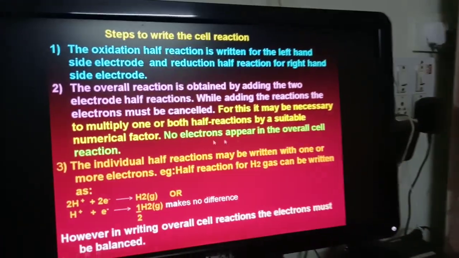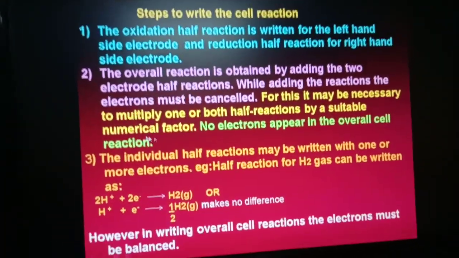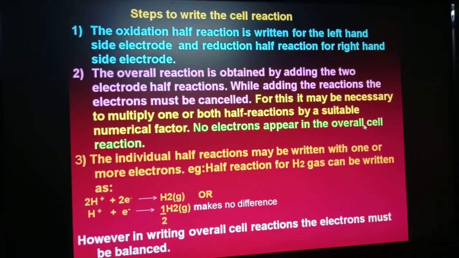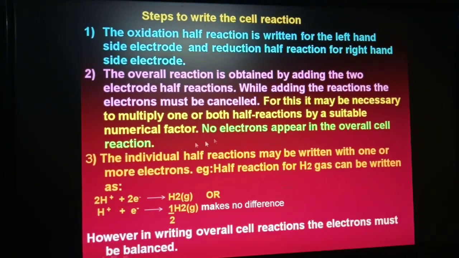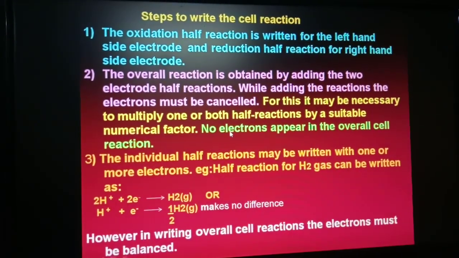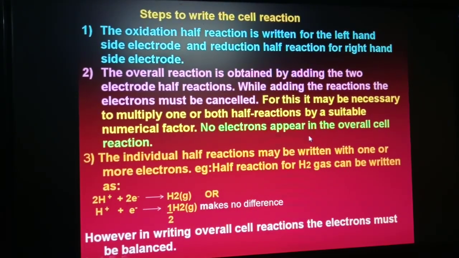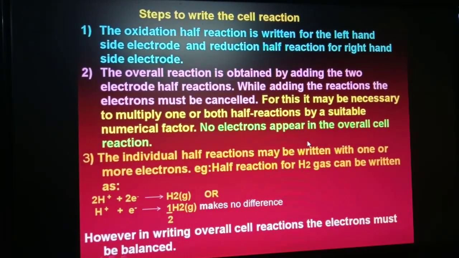Therefore, the electrons donated and electrons gained remain the same and get automatically cancelled. No electrons appear in the overall cell reaction. When you write the net cell reaction, no electrons lost or gained must be represented.